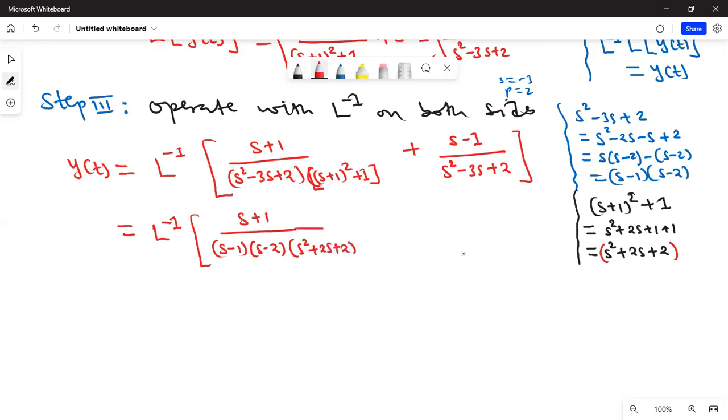That's what we have in the first term. Then the other term is S minus 1 over S minus 1 times S minus 2. And you see I can simplify this. This will cancel with this. So I only have 1 over S minus 2.